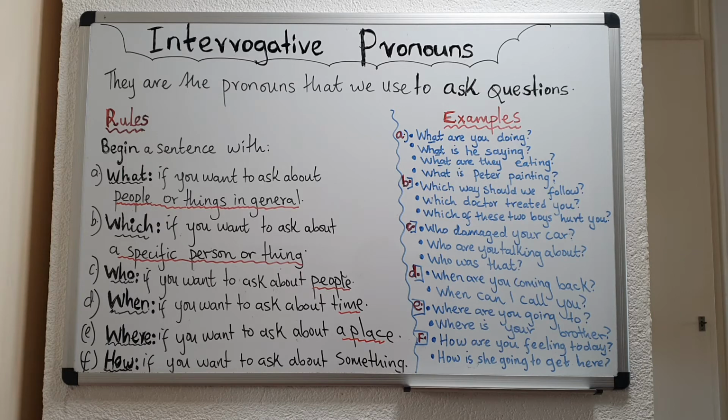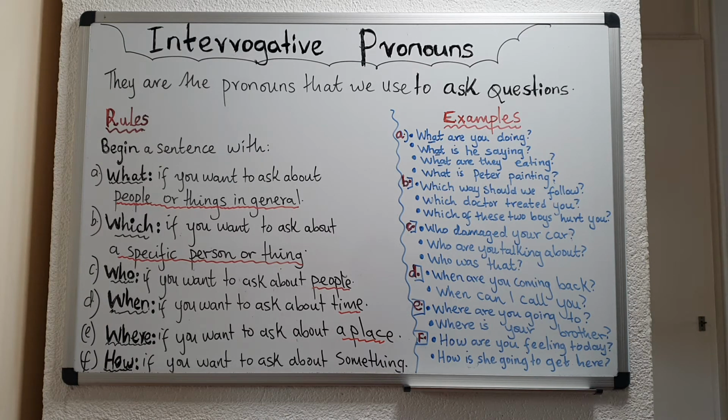Interrogative pronouns are pronouns that we use to ask questions. When you want to ask a question in English, you do so by using interrogative pronouns. There are 5 interrogative pronouns.